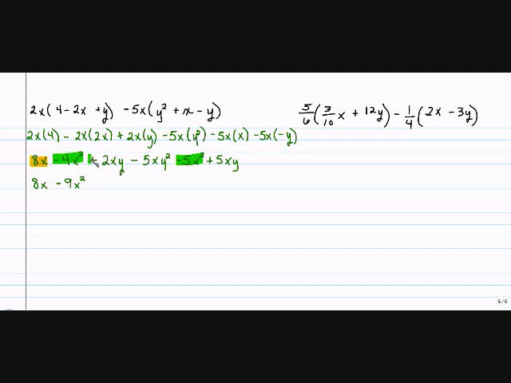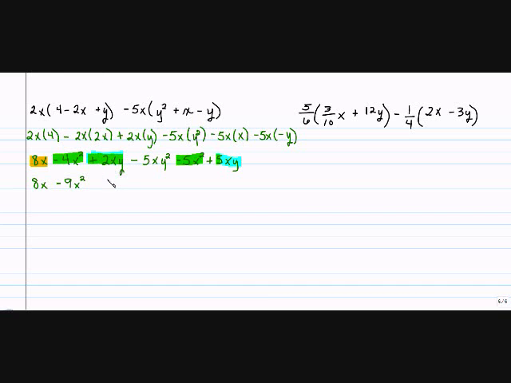Okay, let's look for all the xy's. xy, well that's xy, but this is xy squared. They're a different team. They look similar, but they're a different team. Oh, I'm using green, aren't I? I meant to use blue. I have an xy, sorry about that, and an xy, so I need to combine those.